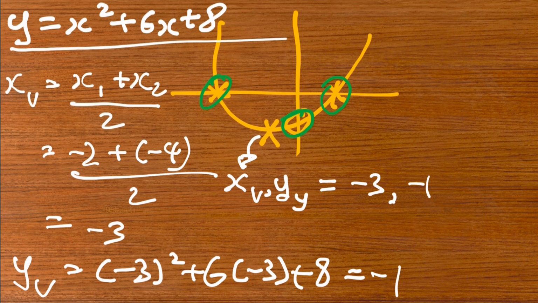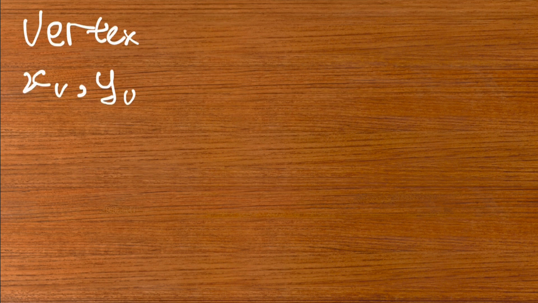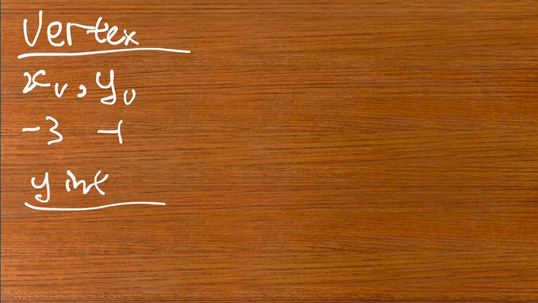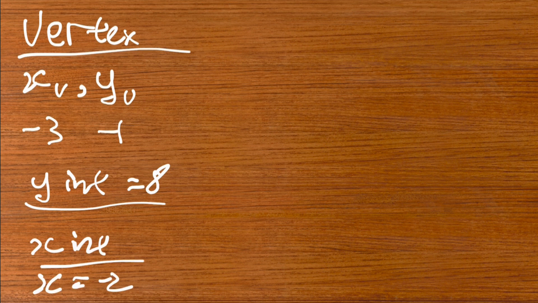So putting everything together, we can see that our quadratic graph looks like this, where the vertex coordinates are negative 3 and negative 1. The y-intercept is 8, and we have 2 x-intercepts. They are negative 2 and negative 4.